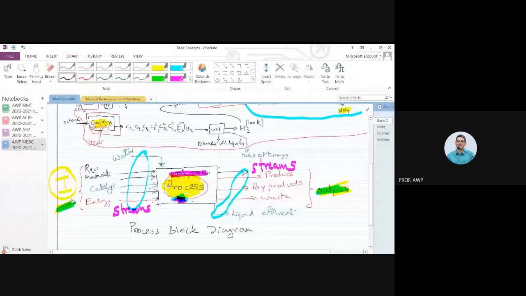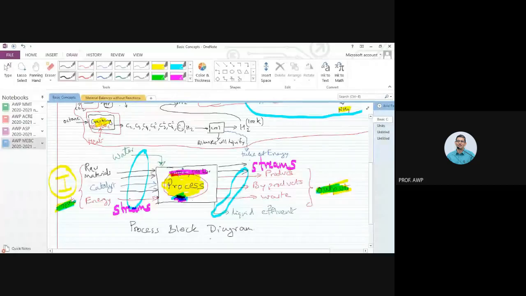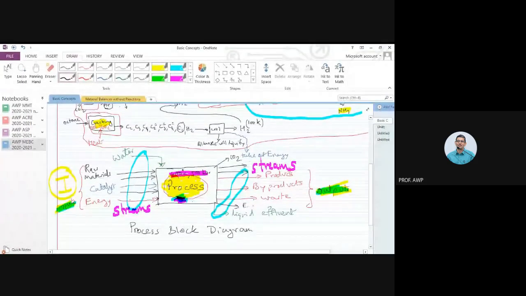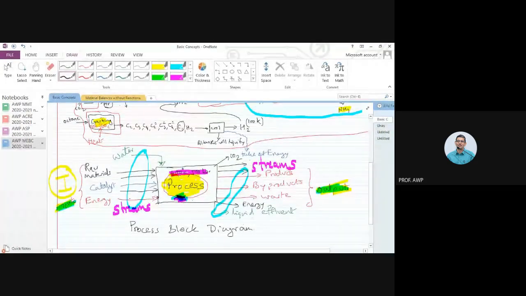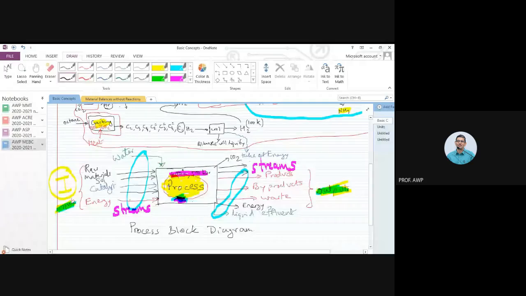The outgoing stream is your product, your byproduct, your waste, your liquid effluent, carbon dioxide, or maybe some energy that is taken out from an exothermic reaction. Incoming streams can be energy, catalyst, solvent, water, or raw materials, right?